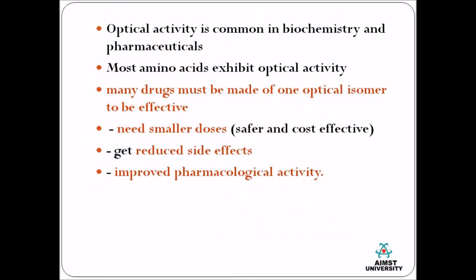Optical activity is common in biochemistry and pharmaceuticals. Most amino acids exhibit optical activity. Many drugs must be made of one optical isomer to be effective. The advantages of this are that they are needed in smaller doses, they have reduced side effects and improved pharmacological activity.